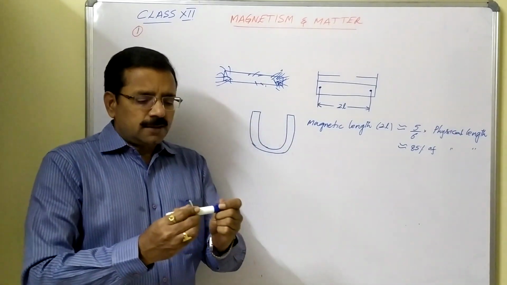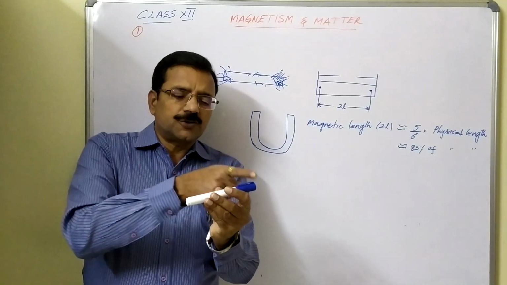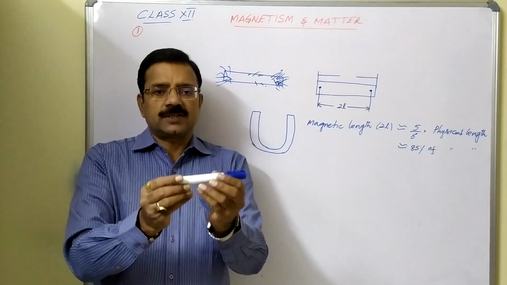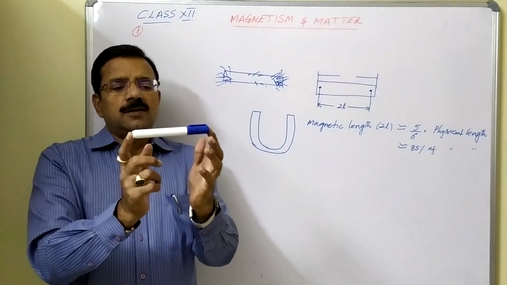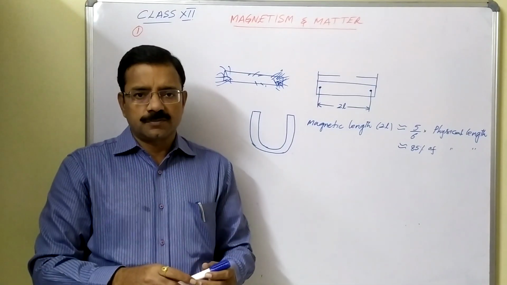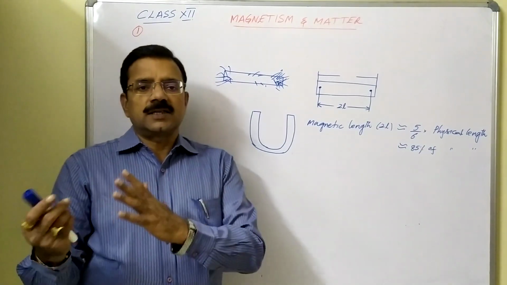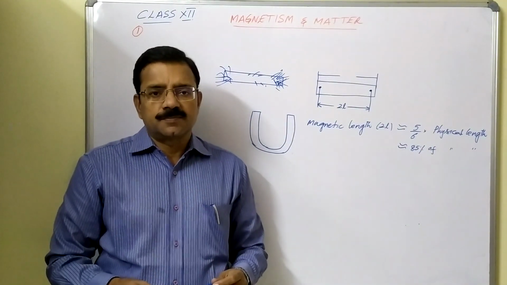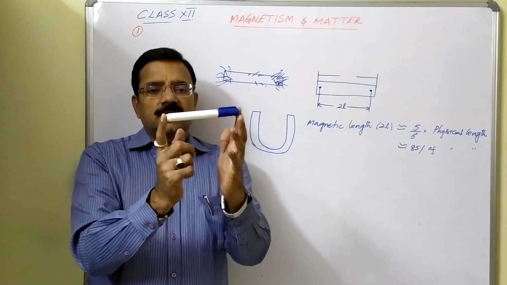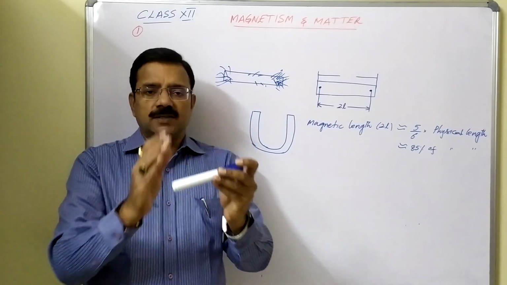For instance, if you consider this as a bar magnet, and the distance between these two faces is 12 centimeters, that is, the physical length is 12 centimeters, then its magnetic length is 5/6 of 12, that is 10 centimeters. So magnetic length 2L is taken to be 10 centimeters. Similarly, if the physical length of a magnet is 18 centimeters, then its magnetic length is 15 centimeters.